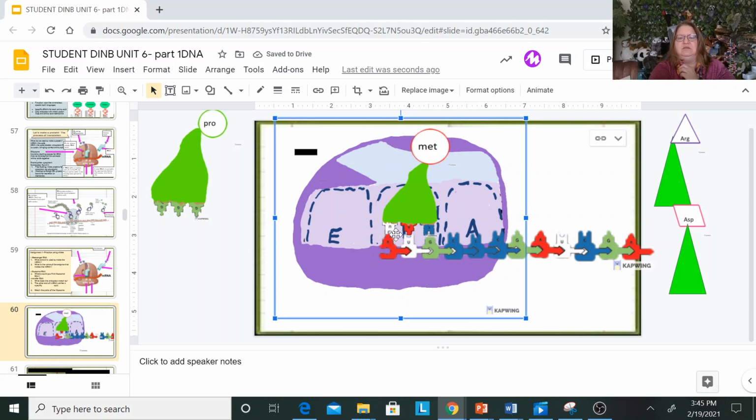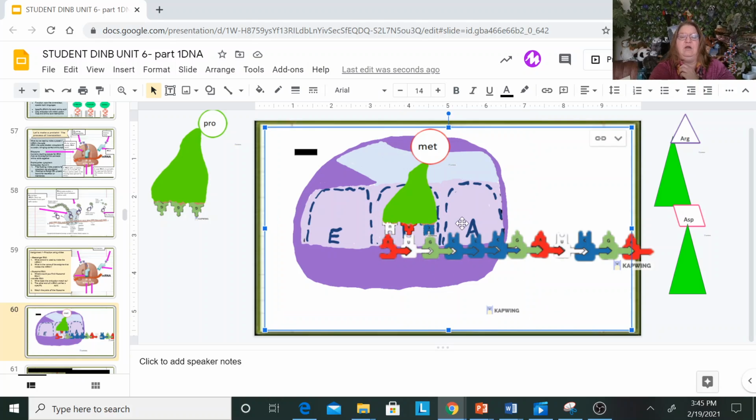But this codon is going to match with the anticodon, and now we have the right amino acid, methionine. Now, that's how we initiate. And virtually all organisms start with methionine and have the same code. So we see this as a nearly universal code.